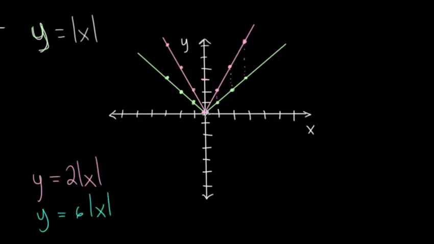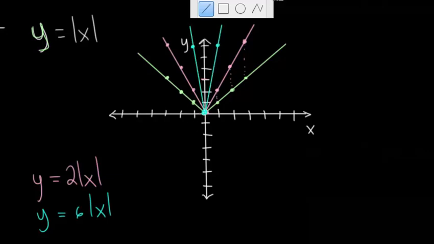So now it will still go through the origin, our vertex here, but when we plug in 1, we get a y value of 6, and when we plug in -1, we also get a y value of 6. So we can connect those, and you can see that as we increase the number that we're multiplying by, the graph gets essentially closer and closer to this y-axis, or you can say it gets skinnier.